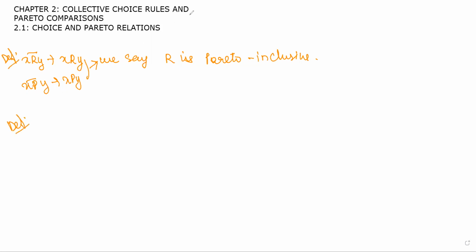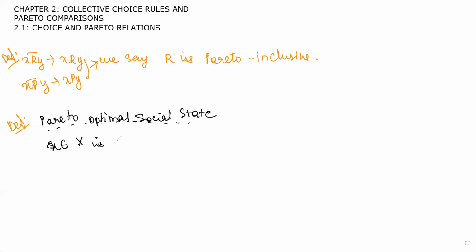Another definition, before we draw our discussion of Pareto to a close, is that of Pareto optimal states. What is a Pareto optimal social state? Let's understand. x belongs to X is Pareto optimum if and only if there does not exist y such that y P bar x.